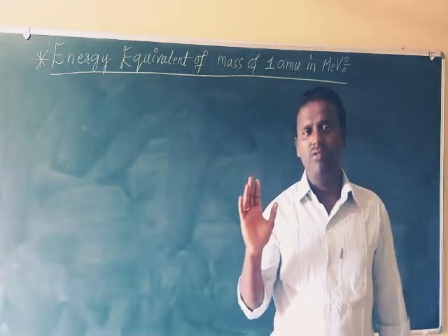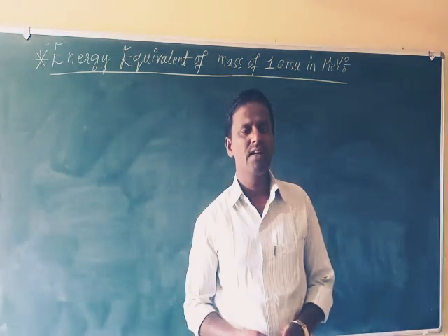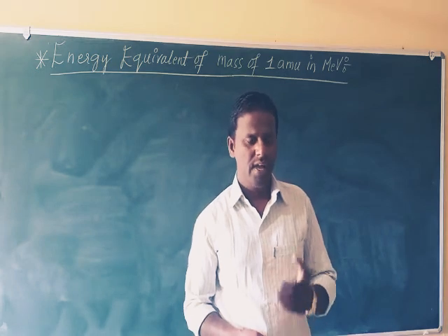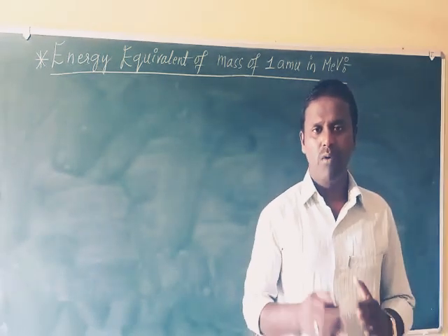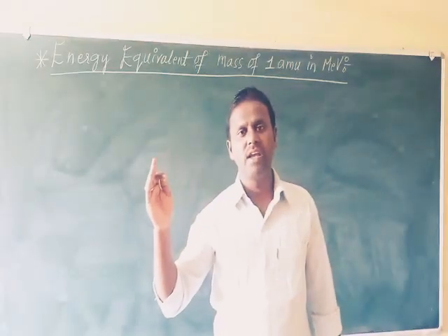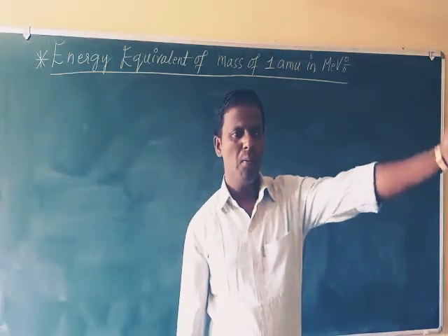So here Einstein proved, mass and energy are the two interconvertible quantities. They can be converted from one form to another form. Here mass is converted into kinetic energy and potential energy, and energy is converted into mass.